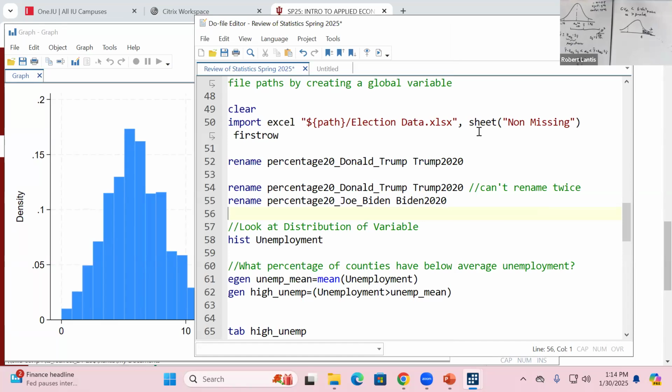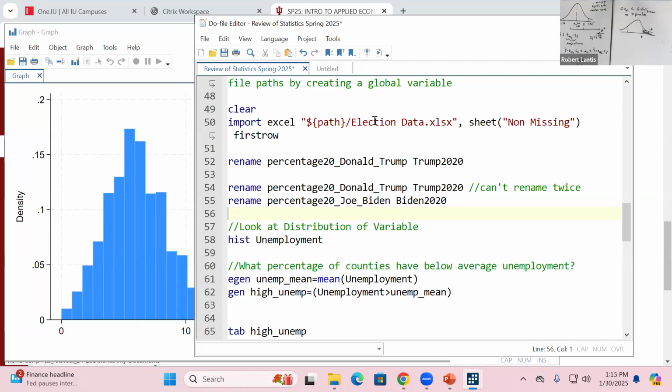It keeps saying percent 20 Donald Trump doesn't exist, and I didn't rename it yet. I'm looking at the file, and it says percent 20 underscore Donald Trump, but it won't let me rename. There might be a space, or maybe it's not capitalized. It's case sensitive.